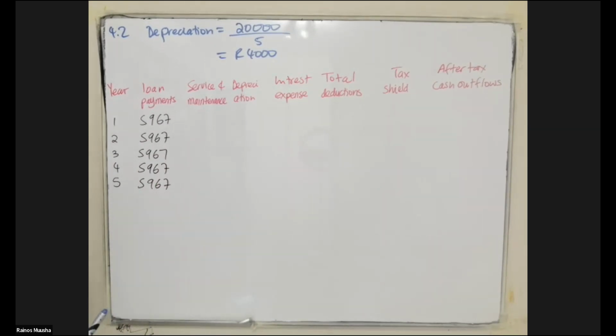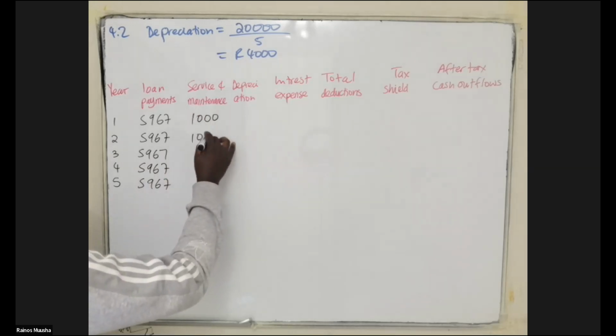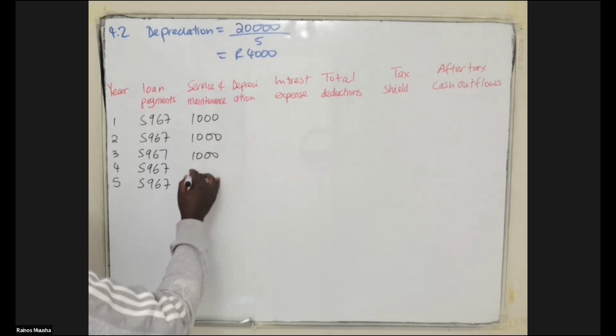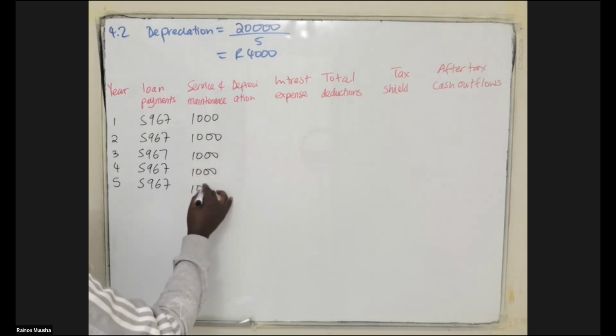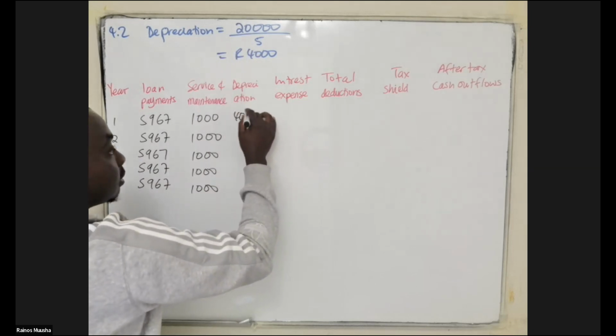The service and maintenance costs are given as 1,000 each year. The depreciation expense, we got it to be 4,000.